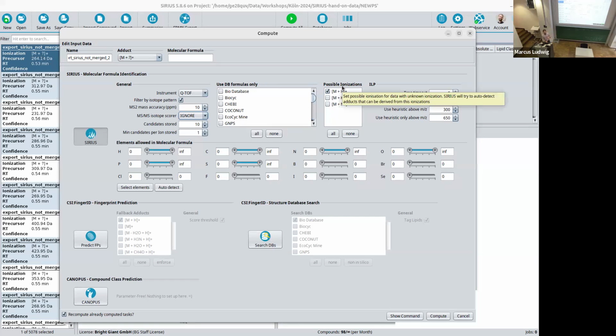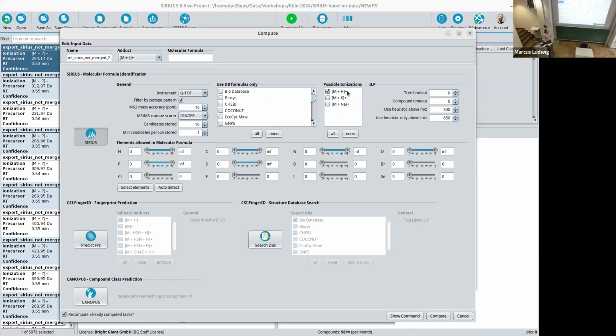Then we can decide the ionizations to check. Currently in Sirius 5, we still have the concept that for molecular formula annotation, we basically consider the ionization without any adduct, like M+H.